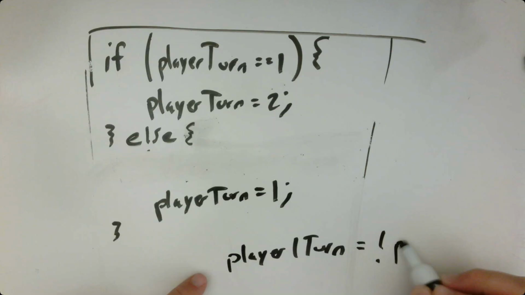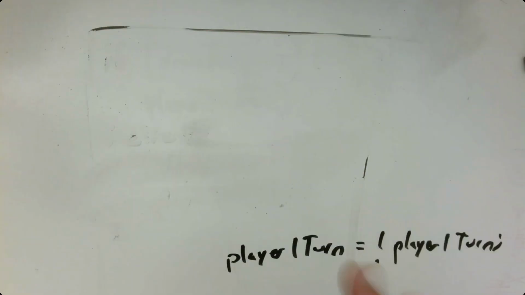So if player 1 turn was true, the not would turn it false, and you'd save it here. And so you'd turn true into false. If player 1 turn were false, the not would turn it into true, and then you'd save it as true. So this would flip-flop true, false, true, false, true, false each time you hit it for player 1 turn.